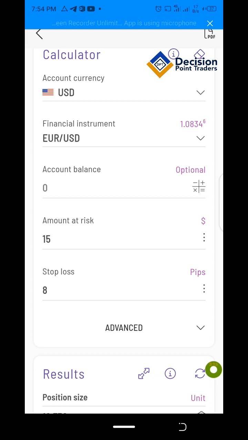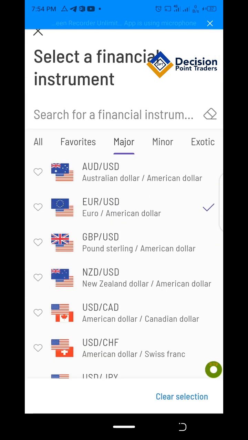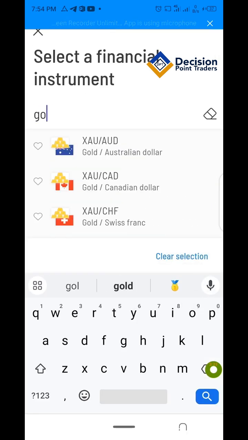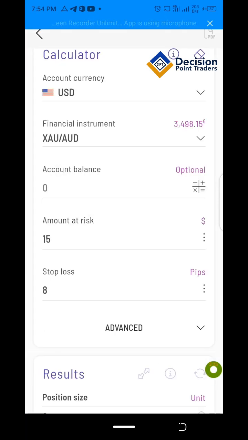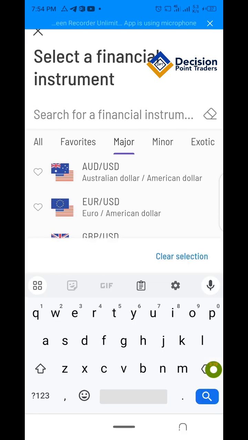Please, it is very, very important that you understand the way it works, though you don't need to change this to gold. You don't need to be looking for gold here. ZAR USD is gold, I can try to say.